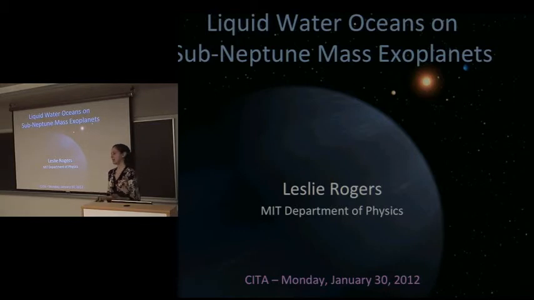But what about planets that aren't so Earth-like? What about planets that are more akin to mini Neptunes, with voluminous envelopes of light gases? In what scenarios could those types of planets harbor liquid water oceans on their surfaces?